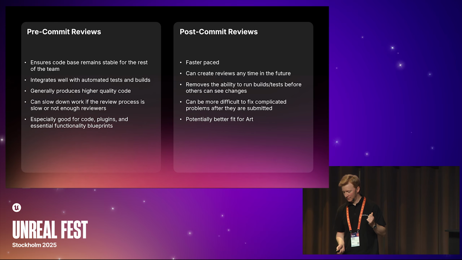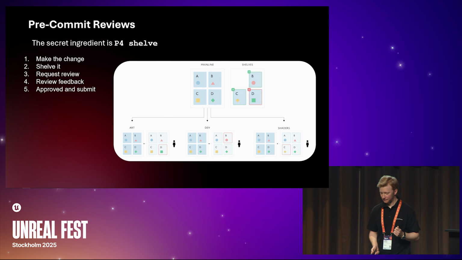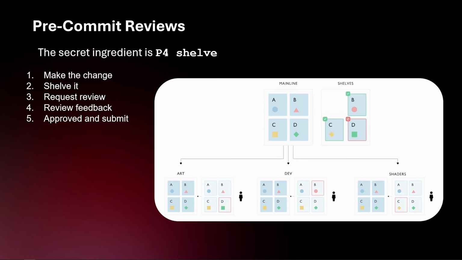And the pre-commit review model, for anyone who's new to Perforce, but most of you were using this already, depends on something called shelving. If anyone is wondering, how can we have a central version control system with everyone sharing code and reviewing it without it actually impacting the central code? Well, shelving works in that way that when you create a shelf, we put it among our shelves.